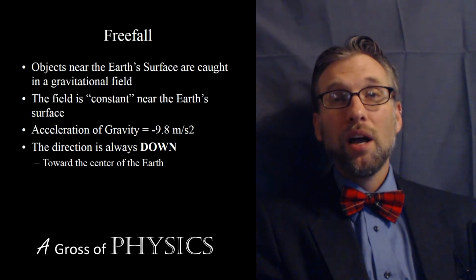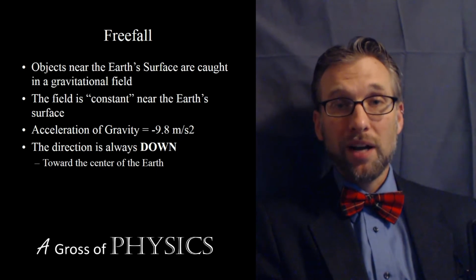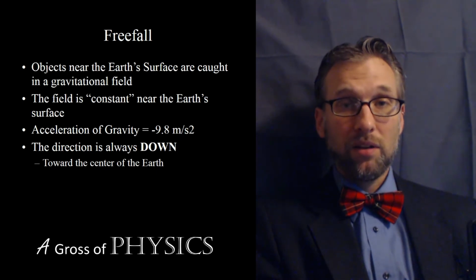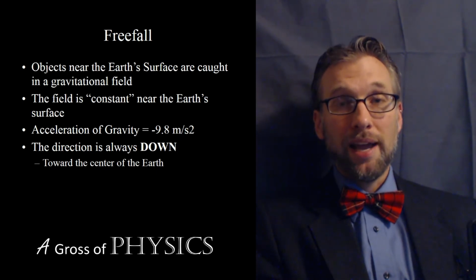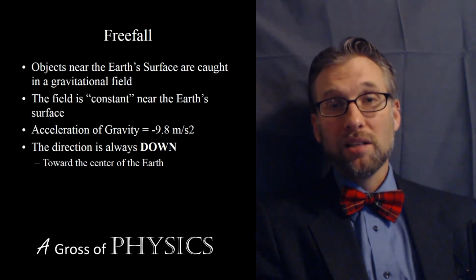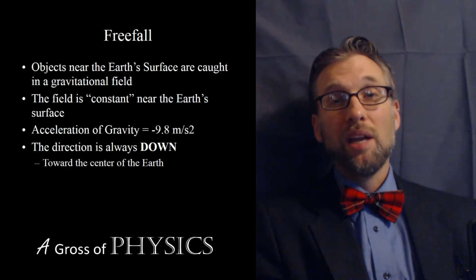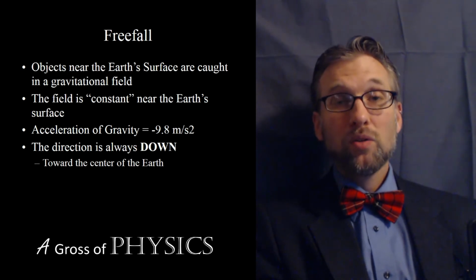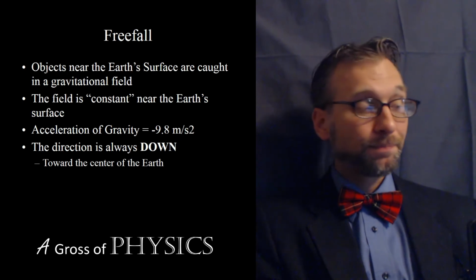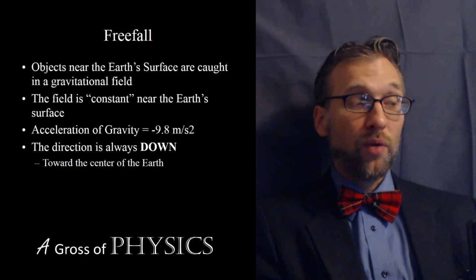Typically, when we denote direction, to the right is going to be positive, to the left would be negative, up would be positive, and down would be negative. On an xy coordinate system, positive x, positive y, and negative y are the same as you would use in a math class. So that's why we stick to the same convention. But remember, acceleration is a vector, so direction does matter.